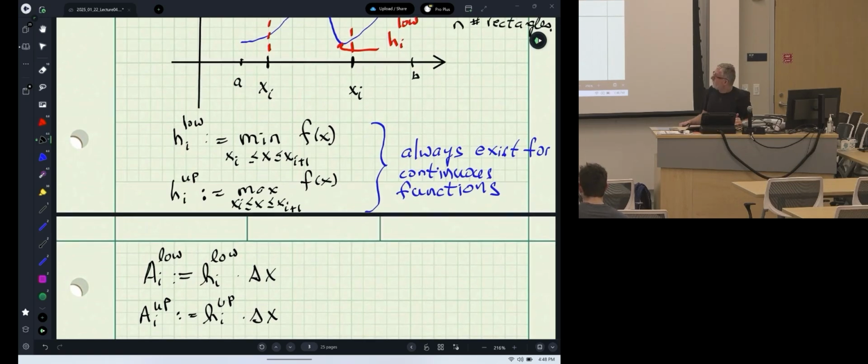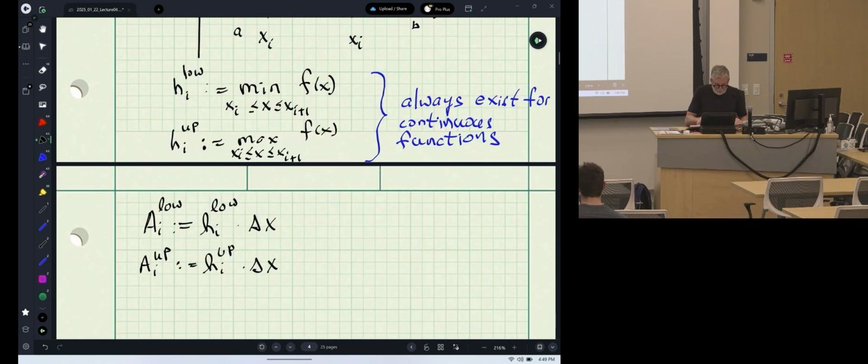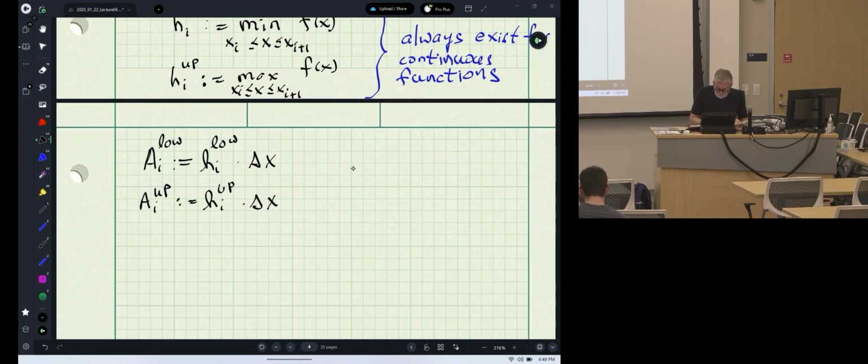Okay, so this is a lower bound, we have an upper bound.